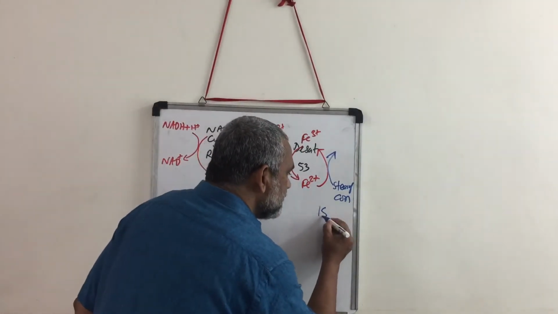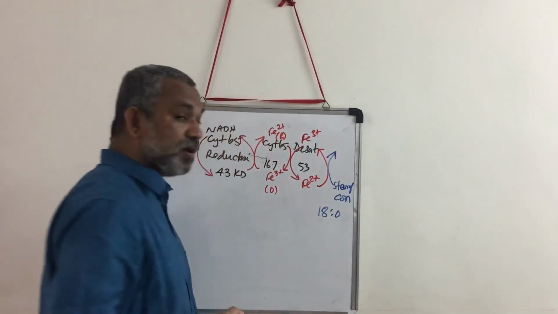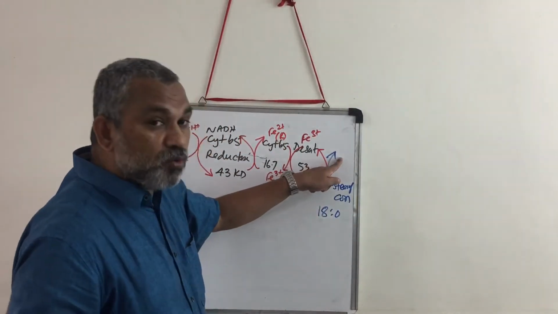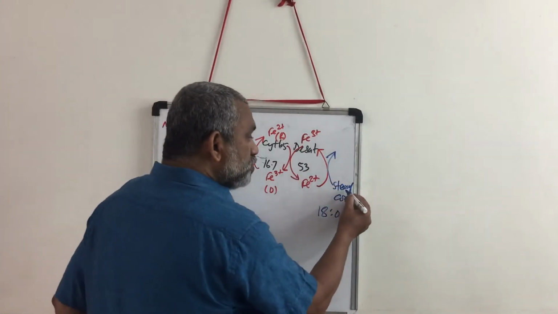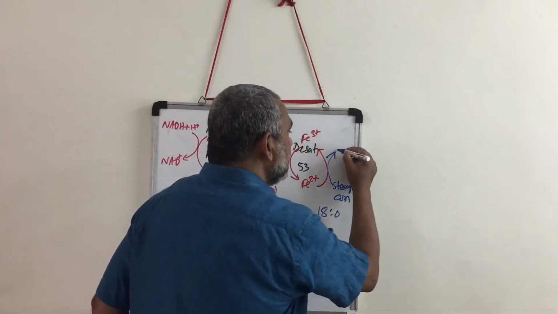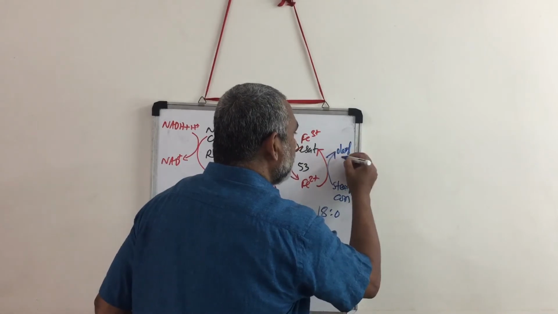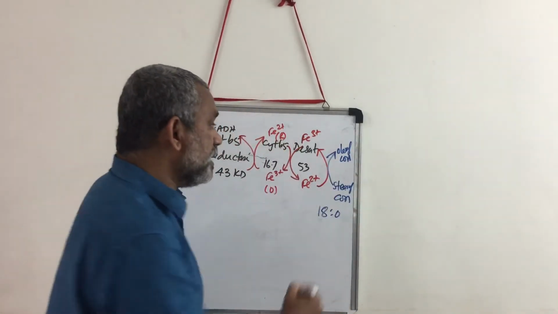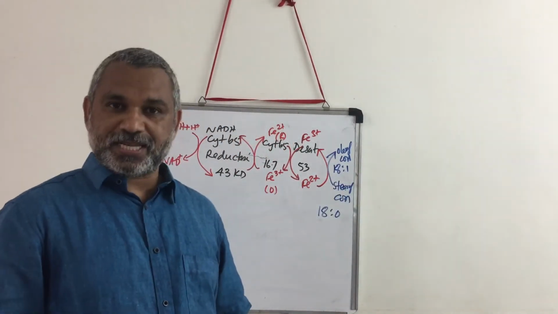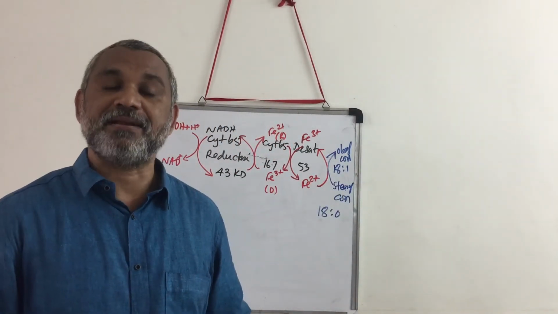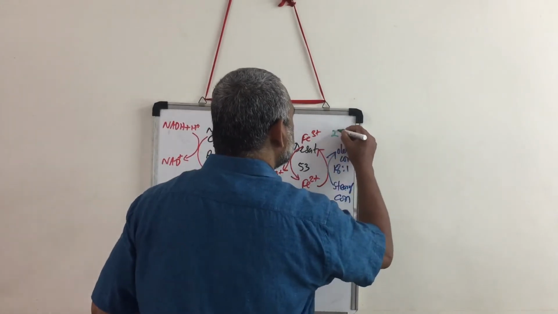It is an 18 carbon fatty acid with 0 double bonds. When 2 hydrogens are pulled out from here, this becomes oleoyl CoA, which is 18:1. One double bond is created between carbon number 9 and 10. So 2 hydrogens are available here.